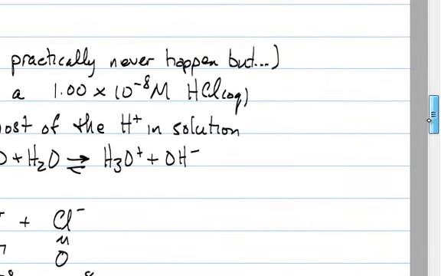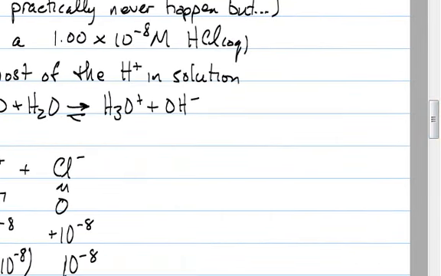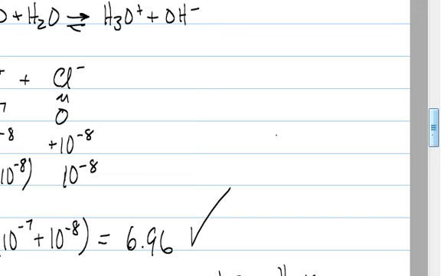Well, even though this would be literally a crazy case, having a solution of a strong acid, say HCl, that is so unbelievably dilute that it's 100 millionth molar, it does show that the organizer can come in handy if you ever see such a crazy situation. So here we're starting with 10 to the minus 8 molar hydrochloric acid.